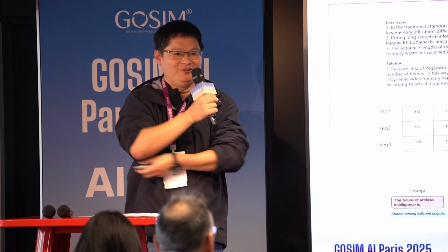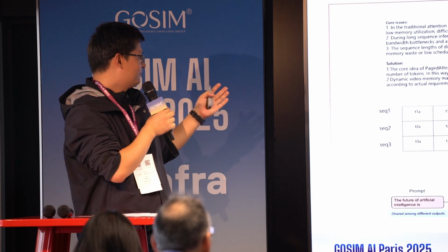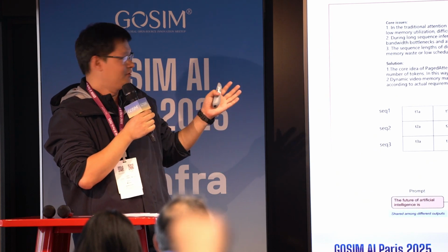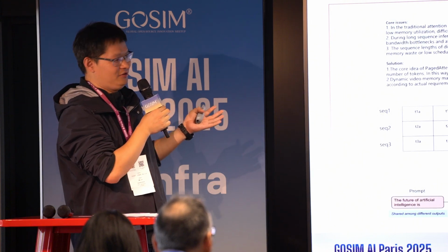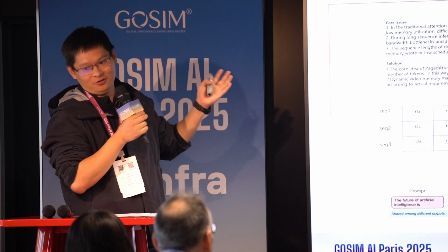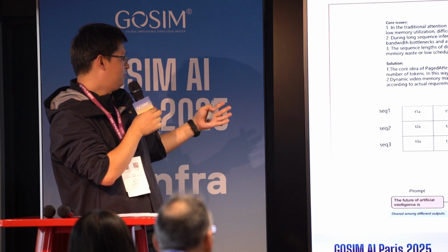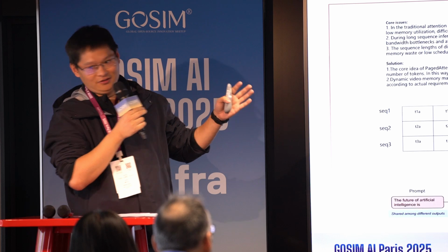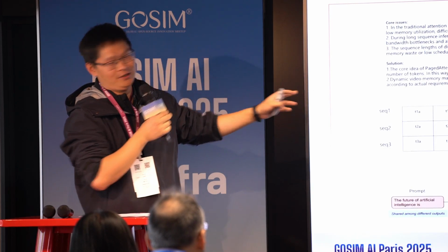So you can find that some of the memory will be wasted, similar to the continuous batch case. Sequence 1, sequence 2, and sequence 3 are not the same length, so some space is wasted.